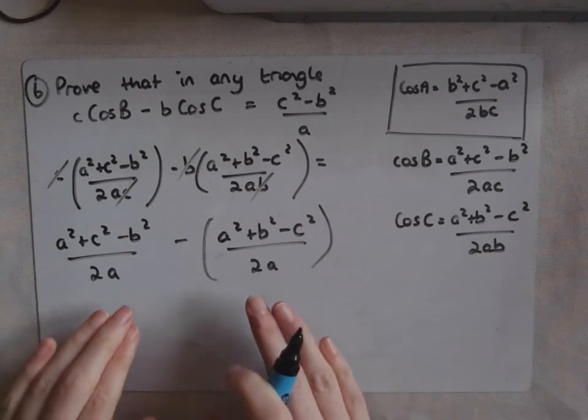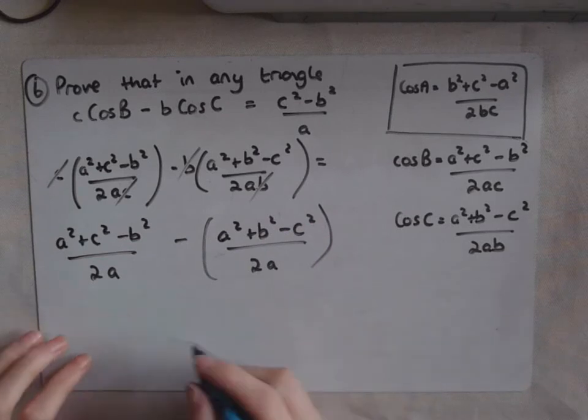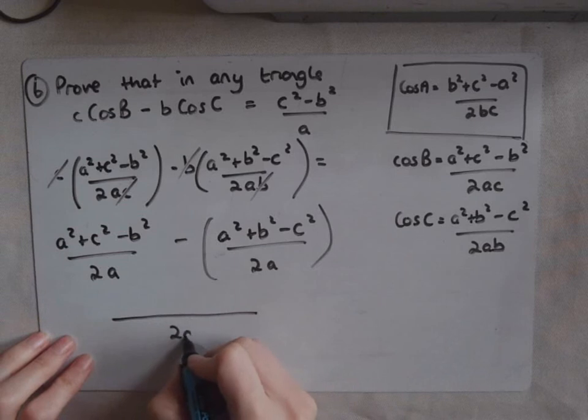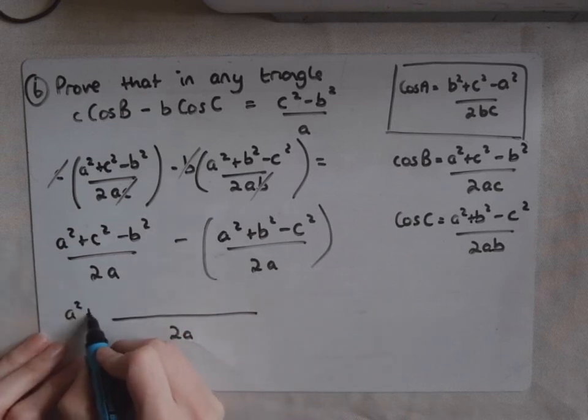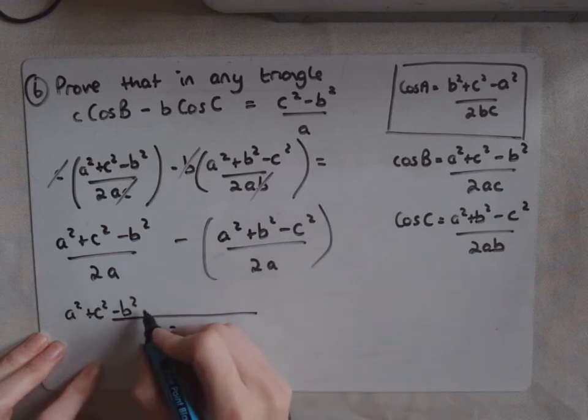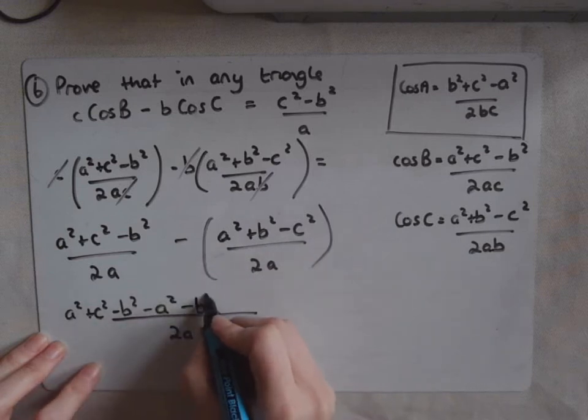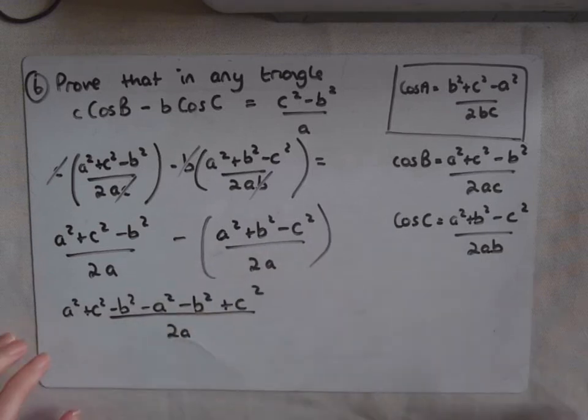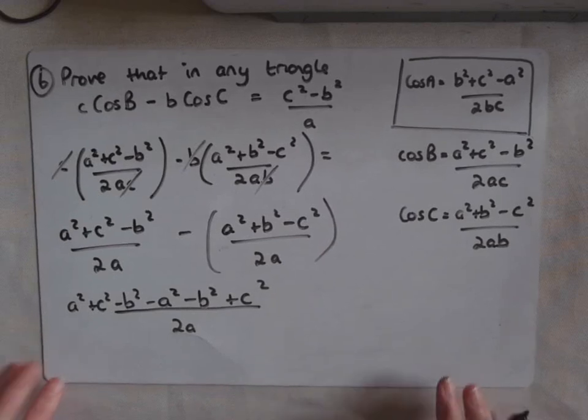Now, I have a denominator that's the same, so that is my common denominator. So I get a squared plus c squared minus b squared. That minus is outside the whole top line. Minus a squared minus b squared plus c squared. And hopefully things just start to cancel.